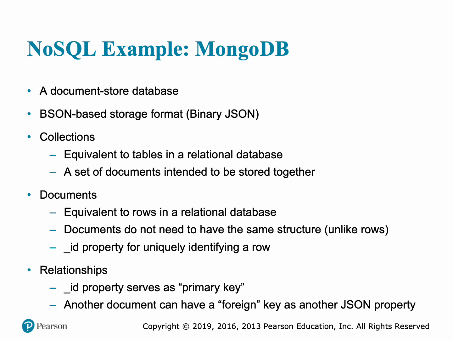So let's look into MongoDB in a little bit more depth. MongoDB is a popular open source NoSQL database that falls under the category of document oriented databases. It is designed to provide high performance, high availability, and easy scalability.